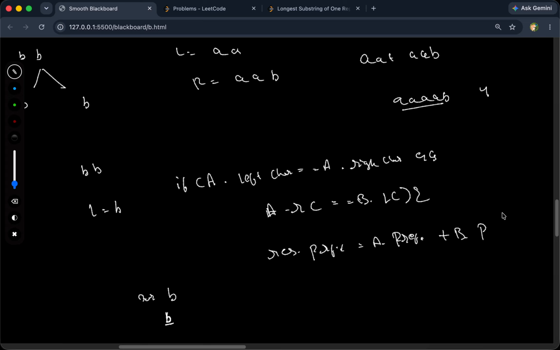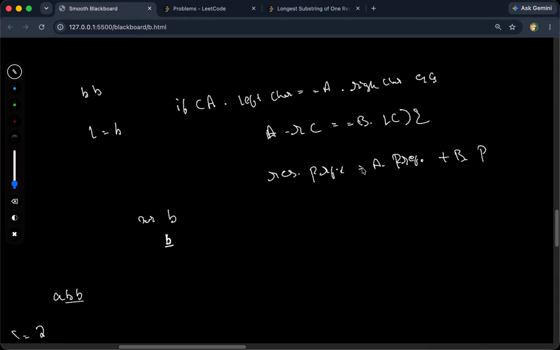Okay, so if the entire left segment contains the same character and that character is also the first character of the right segment, the prefix can extend into the right segment. For suffix, it is the same idea but from the right side.